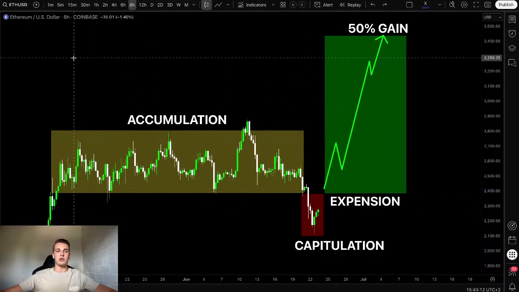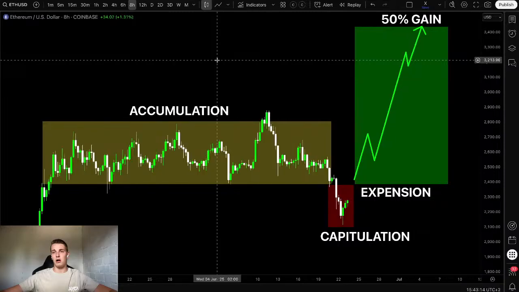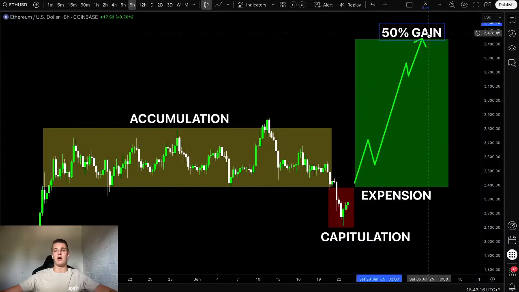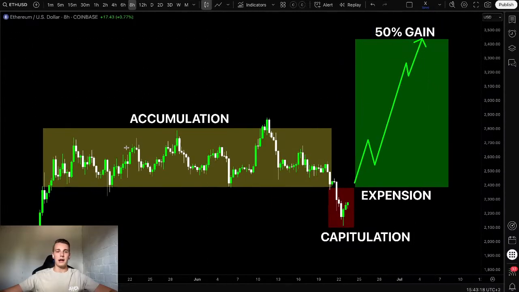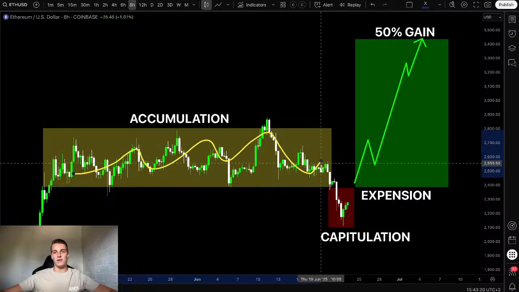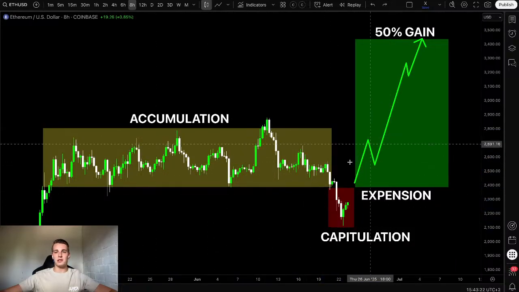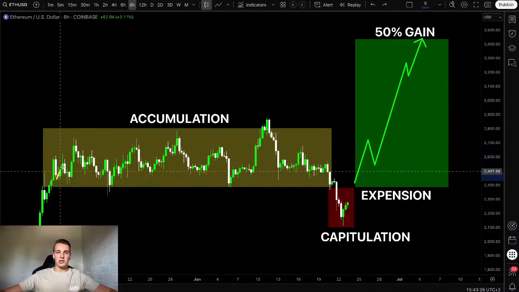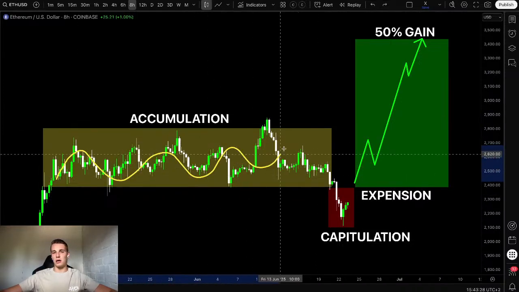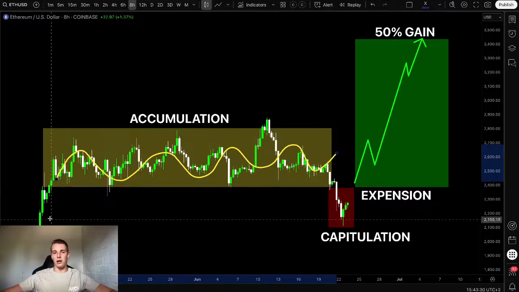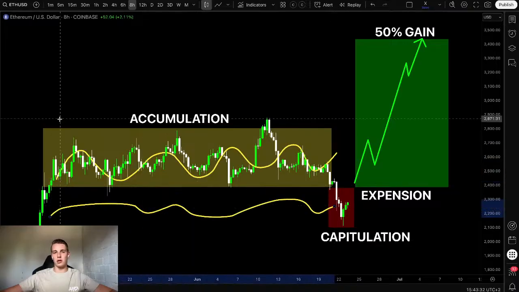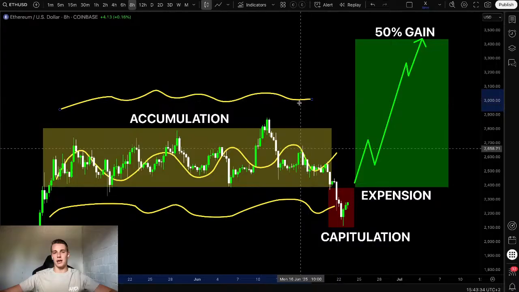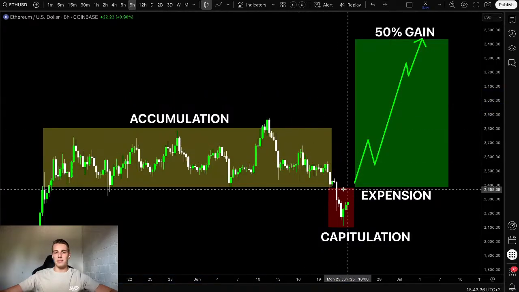So there are three phases in the market which repeat themselves over and over again. And that is, first of all, the accumulation phase, the capitulation phase, and the expansion phase here. So accumulation is getting people into the market and people buying, stacking up liquidity on the lower side and on the top side here. Then we have the capitulation.